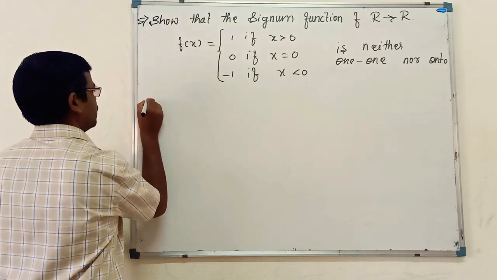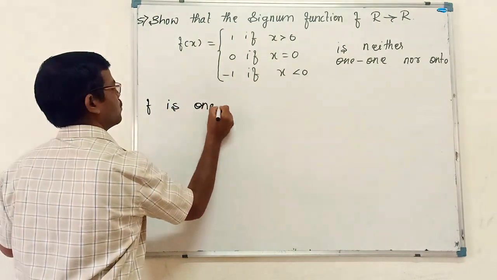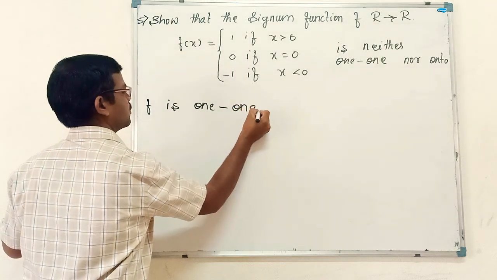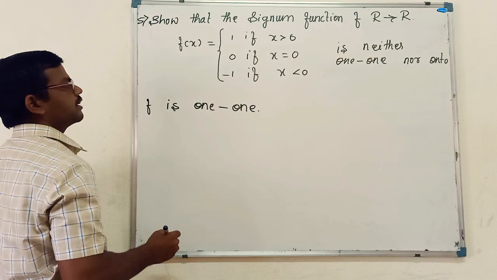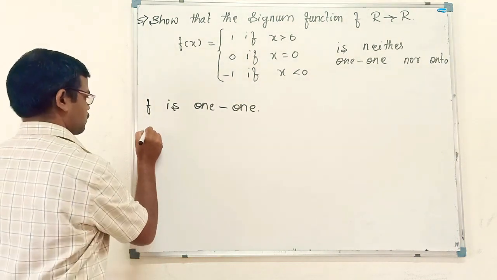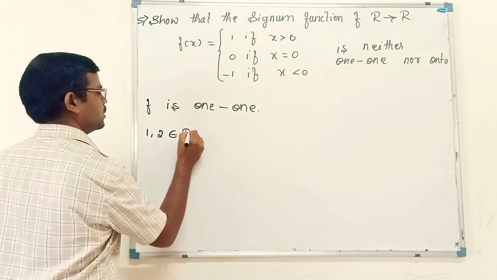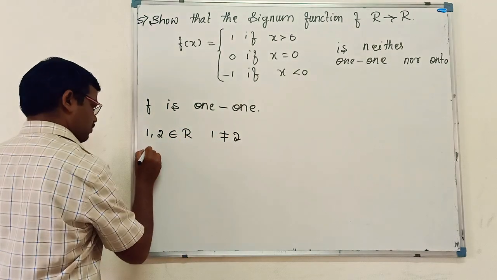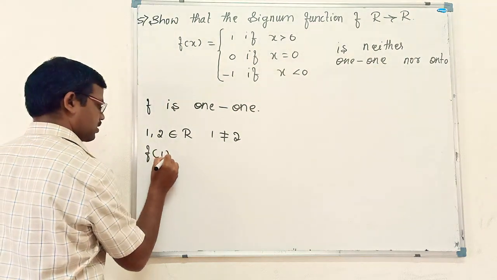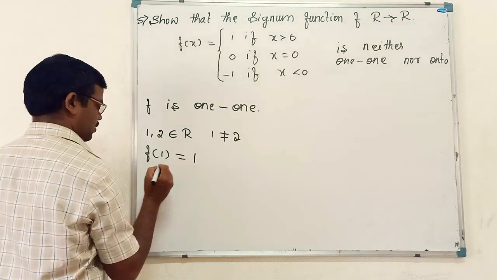One more. F is 1-1? So let me take different elements, for example 1 comma 2, which belong to the real numbers, and 1 is not equal to 2. We find that f of 1 is greater than 0, so its image is 1.